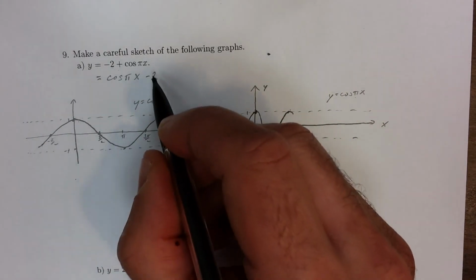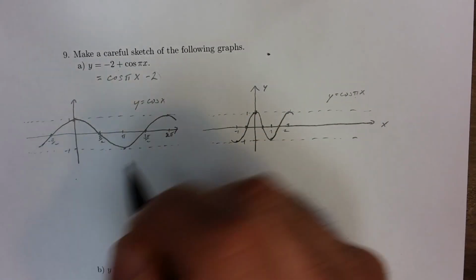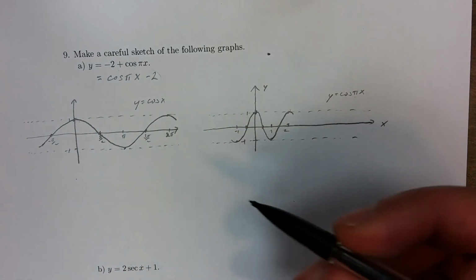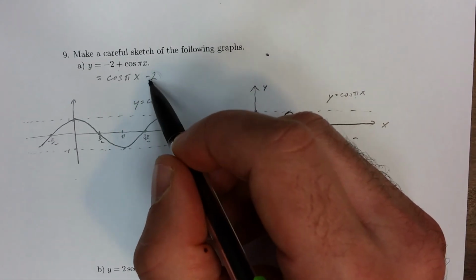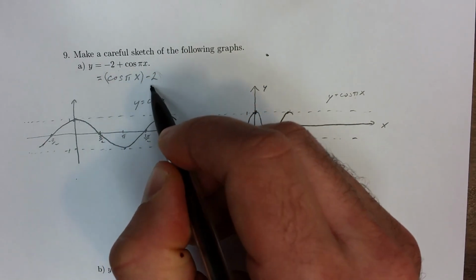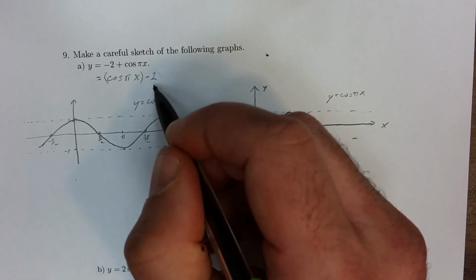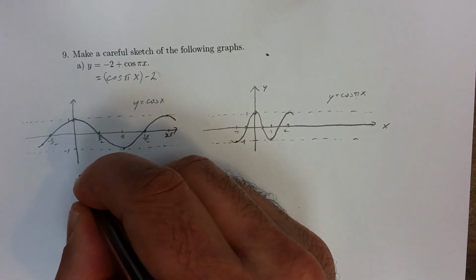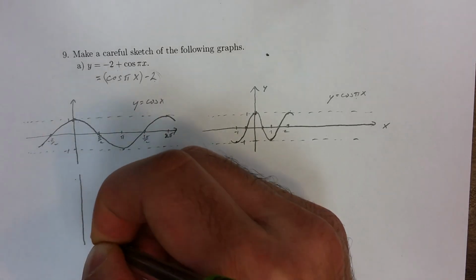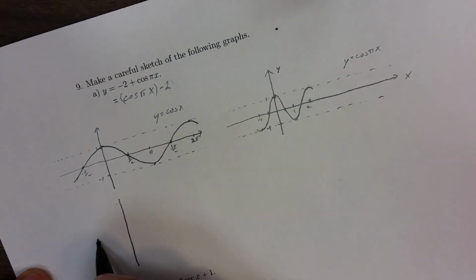And now the only thing remaining to do is put the -2 in, which we know is a translation, a shift. This is in the vertical direction because the whole function, we're subtracting 2 from the whole function. And so it's a translation down by 2 units. Let's go ahead and sketch that in. So some axes again.